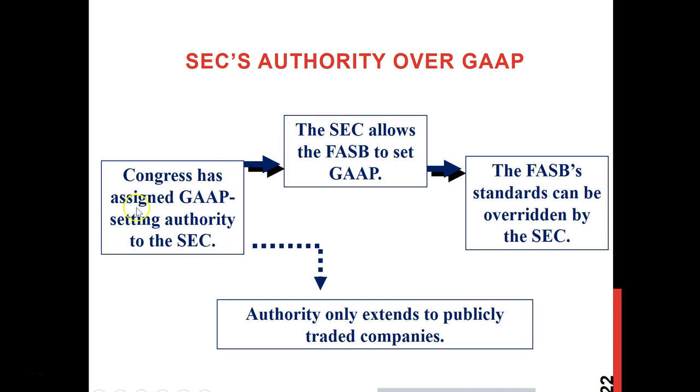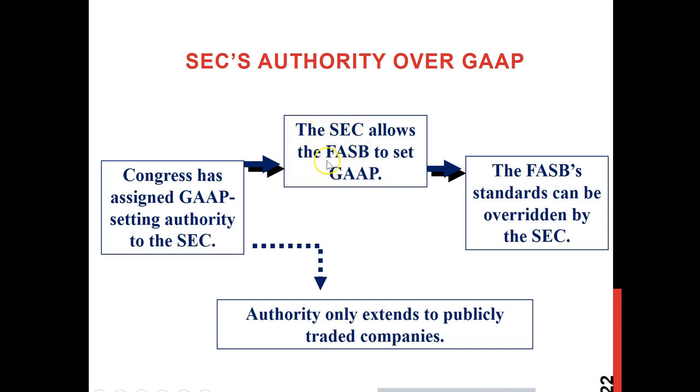So Congress has assigned GAAP setting authority to the SEC. So basically the SEC is the boss. They actually ask the FASB, the Financial Accounting Standards Board, to set these accounting standards, which we call in the USA US GAAP. So FASB does not have any enforcement authority.